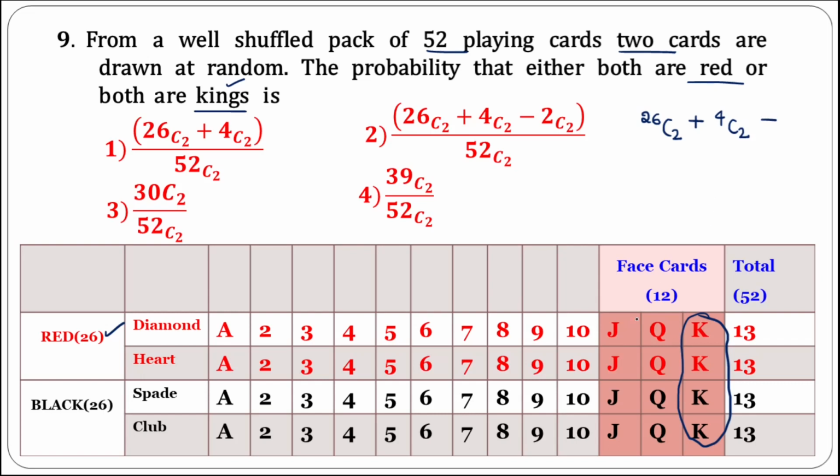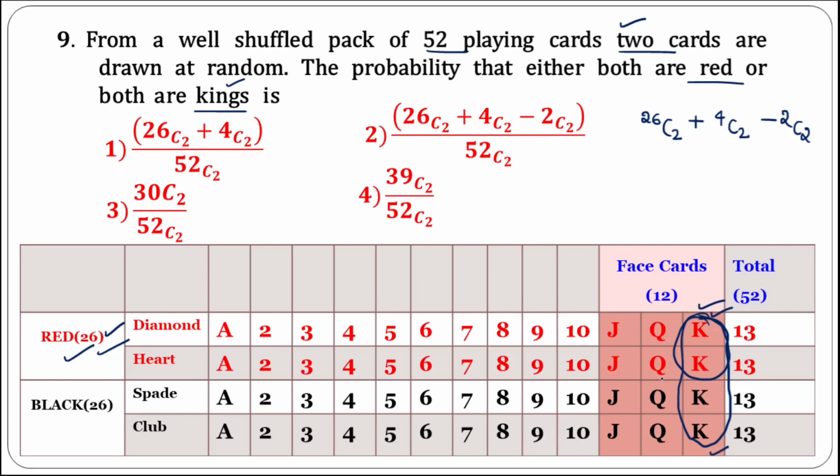Minus, see, these 2 kings are also included in the red part as well as what? The black part. So what I will do, there are total 2 kings which are repeated. Out of those 2, I have to select 2 only because I am selecting 2 cards. It means I need to neglect that one condition, because these kings are also included in red as well as in the kings also.